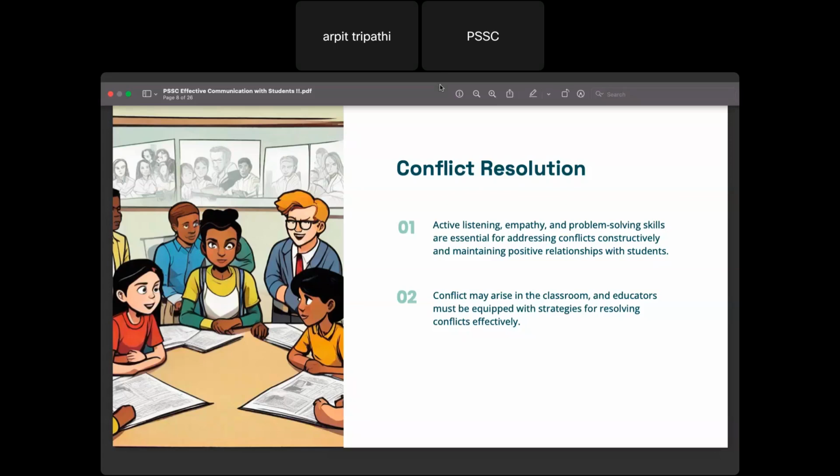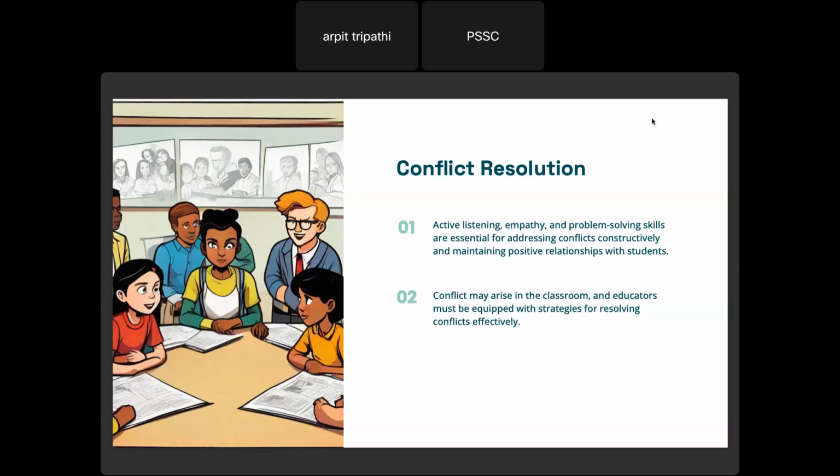Why is it important? The first is promoting collaboration. Conflict resolution teaches students how to work together to address differences and find mutually acceptable solutions. So it supports collaboration, teamwork, and communication skills, which are essential for success in academic and professional settings.